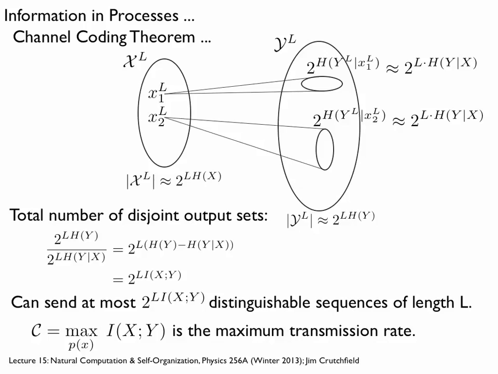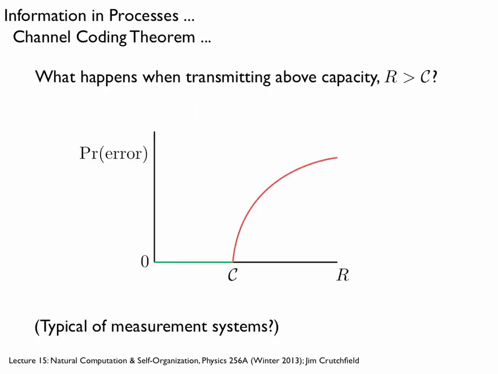Now you might also ask, in a particular situation where we're in this learning channel or talking about the measurement theory, what happens when the information source is above the channel capacity?